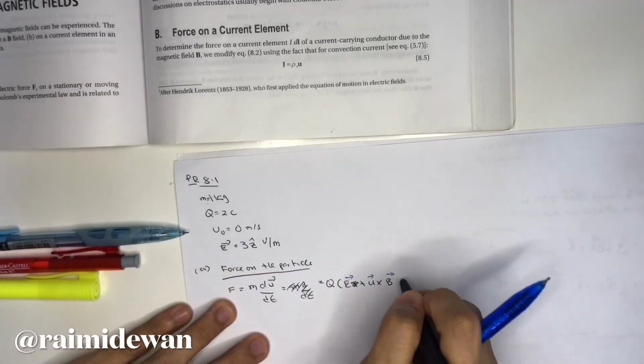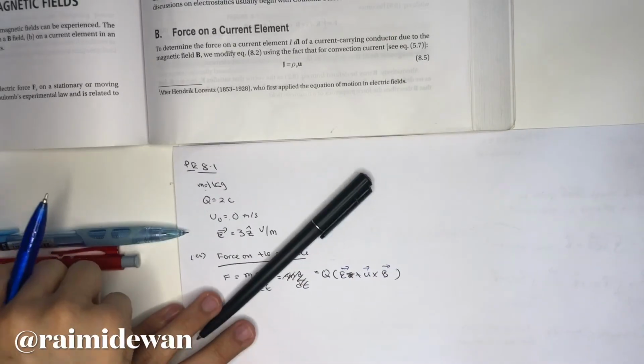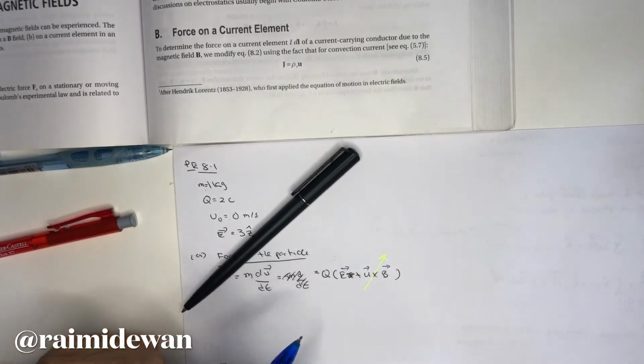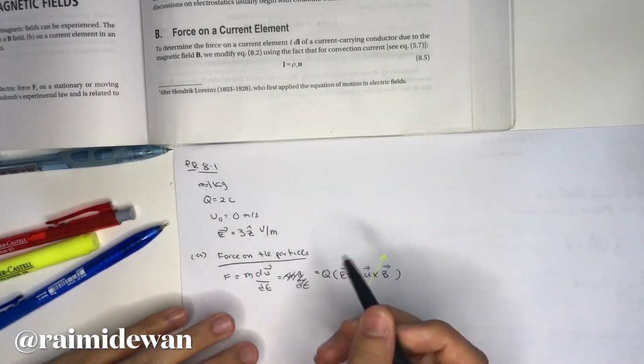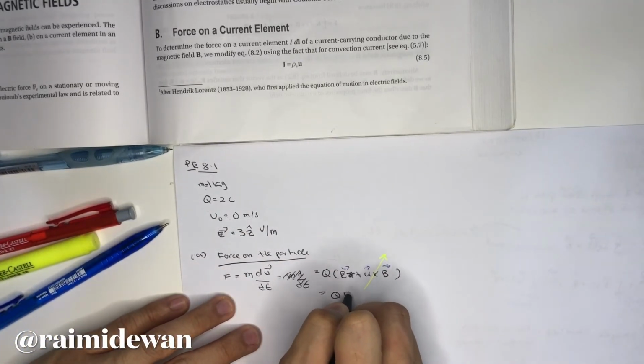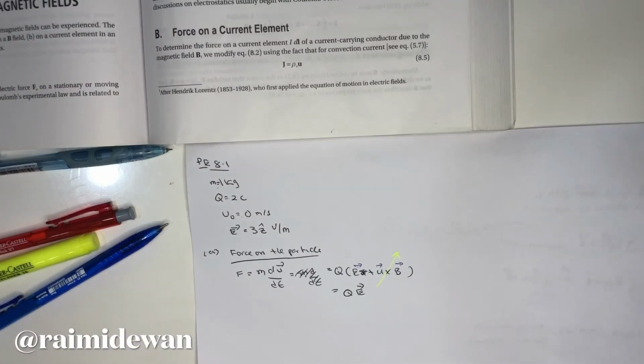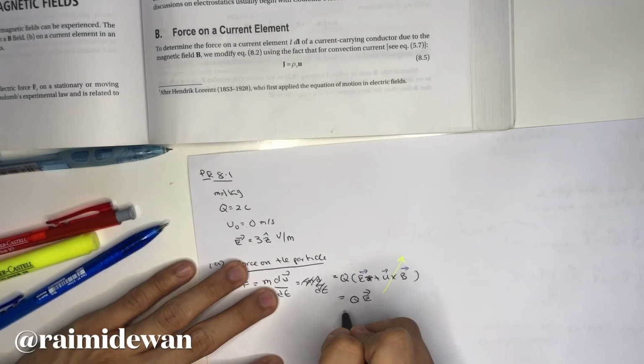Because this is 0, we ignore this. Then we come to F equals QE. Understand?